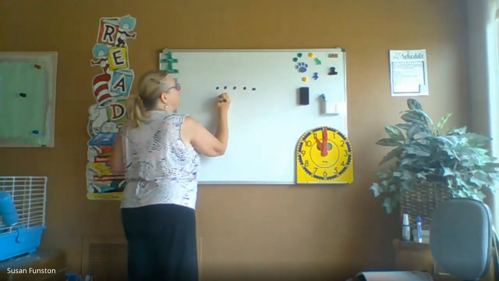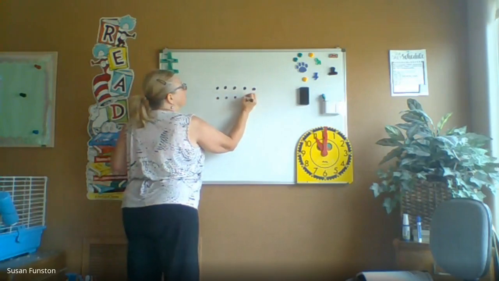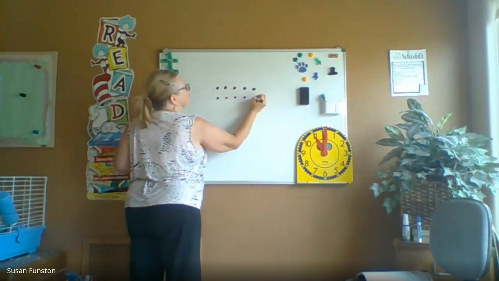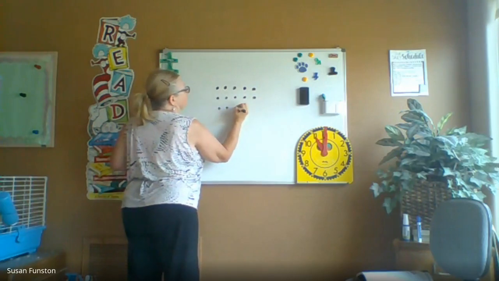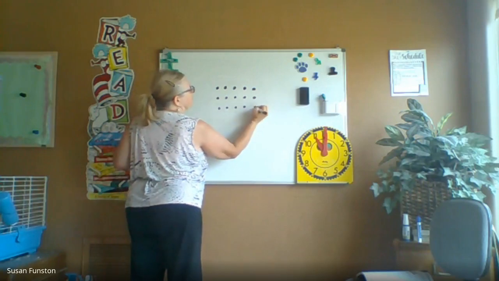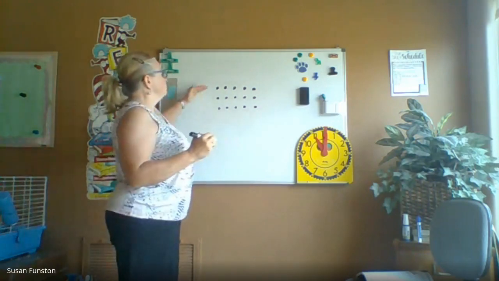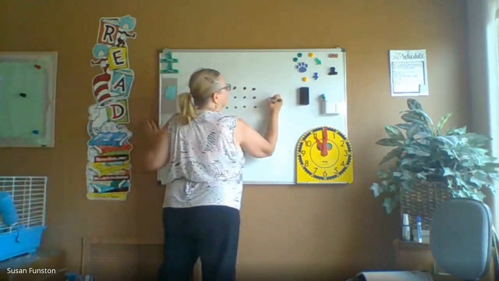There's one group of 5, 2 groups of 5, and 3 groups of 5. And I arrange these messy circles into rows and columns. So this is an array.